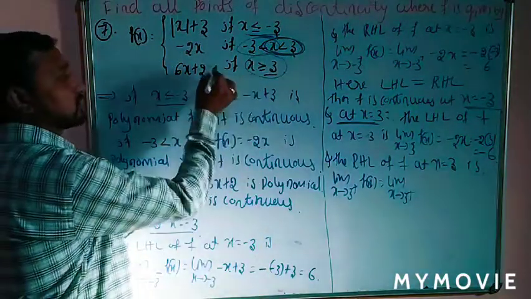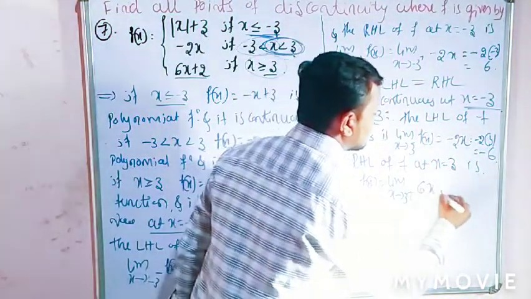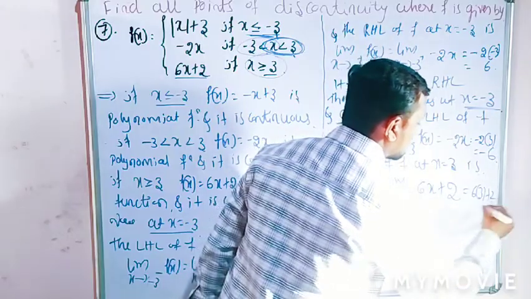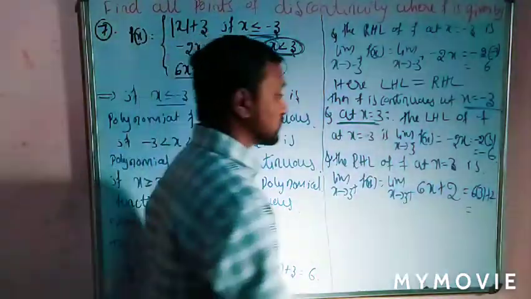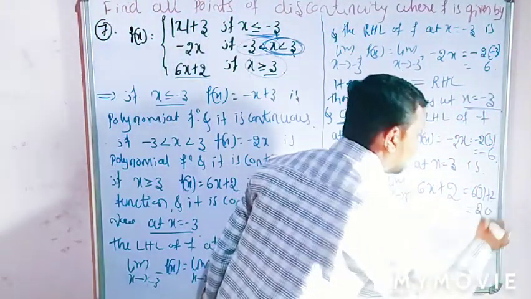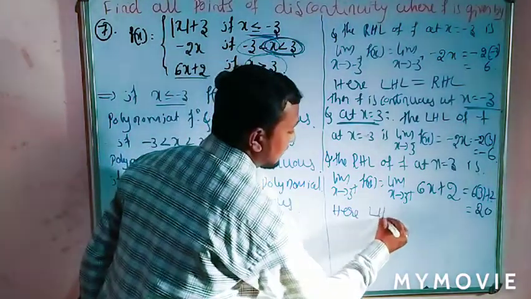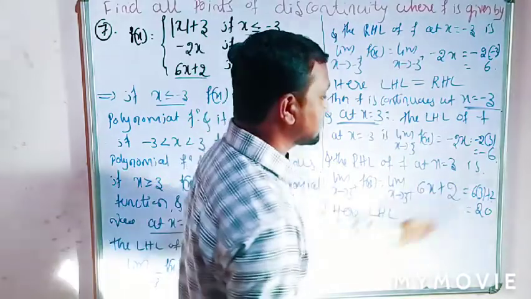So x is greater than or equal to 3, and this is 6x plus 2. That is 6 into 3 plus 2, which is 18 plus 2, which is 20. So here the LHL of the function is minus 6 and the RHL is 20.